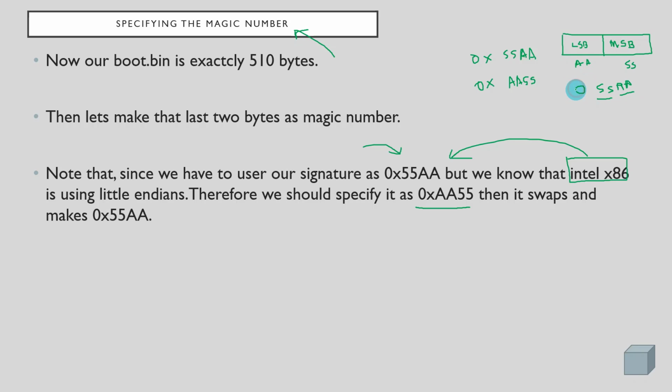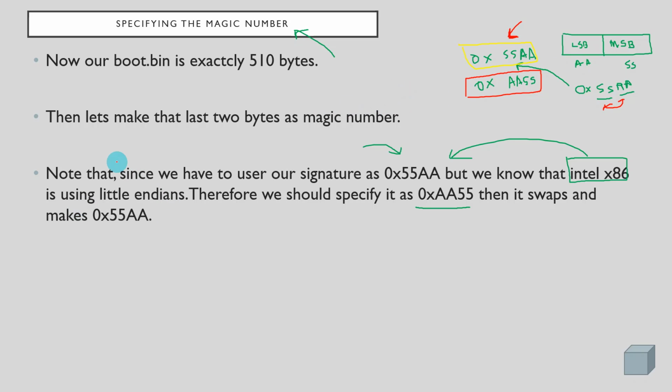So it will give what we exactly wanted. Wait, let me show you. This is the signature we want, and this is the signature we are going to type, but it automatically swaps the values and gives our magic number or our signature.